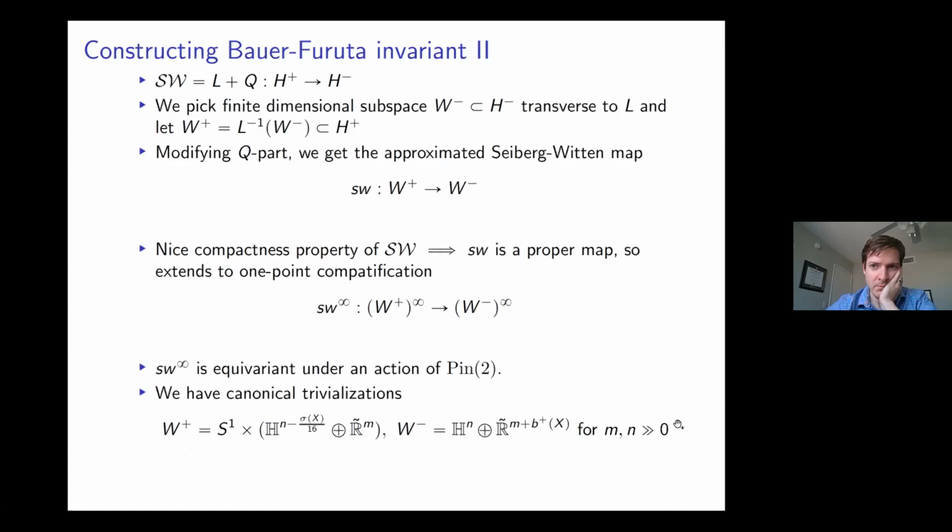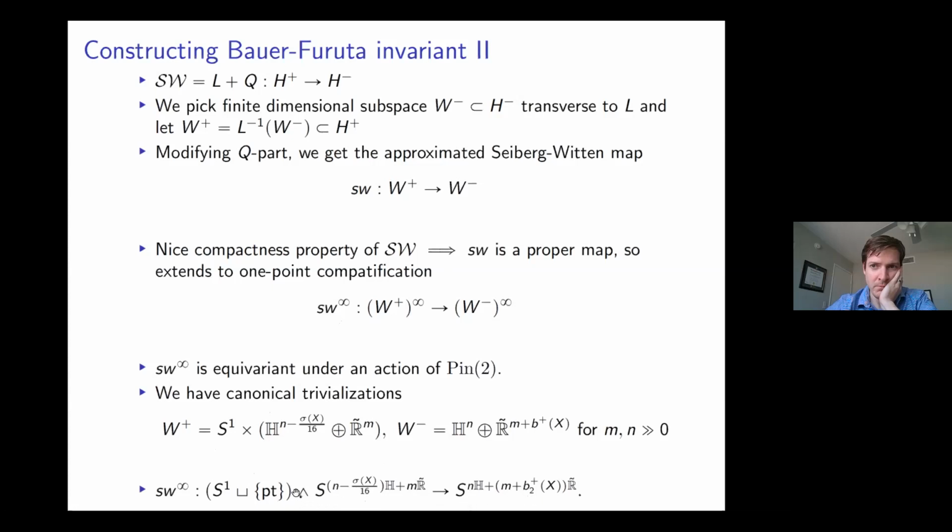I was being a little vague about this construction. There are some subtle constructions needed in the choice of finite dimensional subspaces to make this work, but I won't go into that detail. Anyway, there is a canonical way to identify both the domain and the target with some specific representation space. By doing so, we can treat this compactified approximated Seiberg-Witten map as a Pin(2)-equivariant map between this specific Pin(2) space and this specific Pin(2) representation sphere.